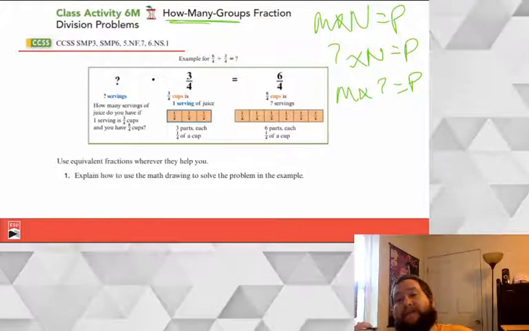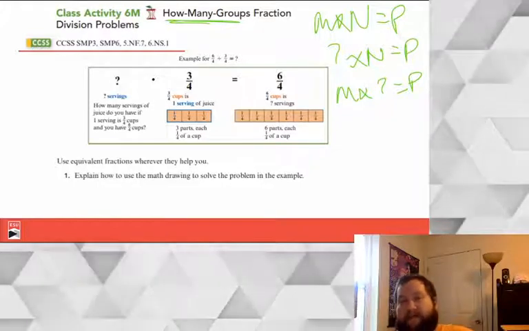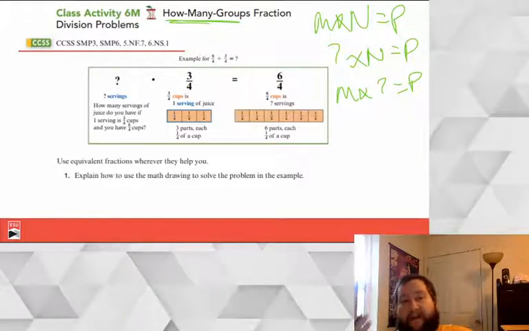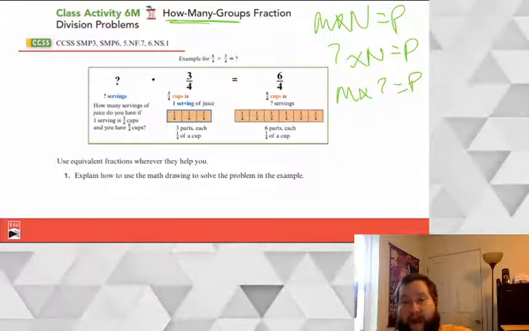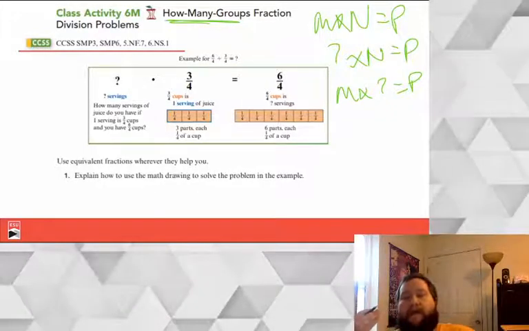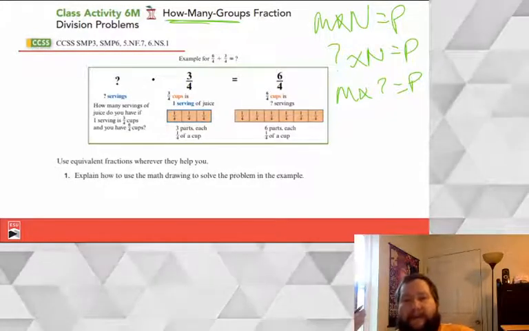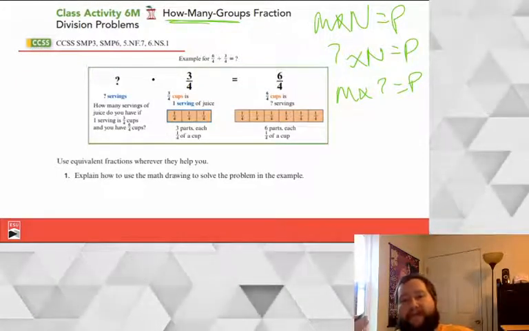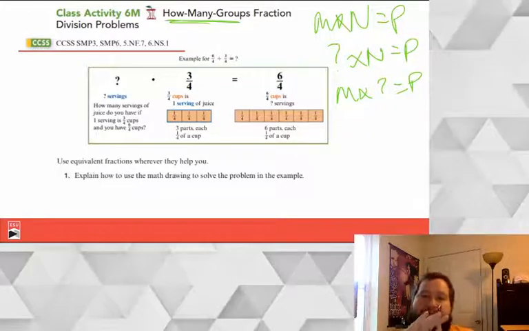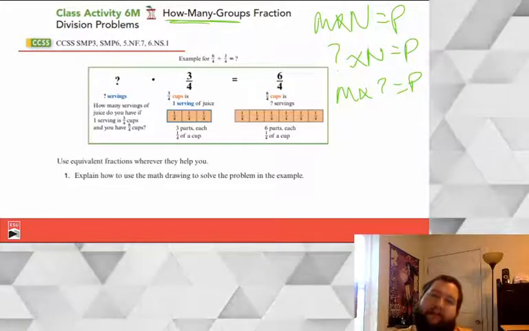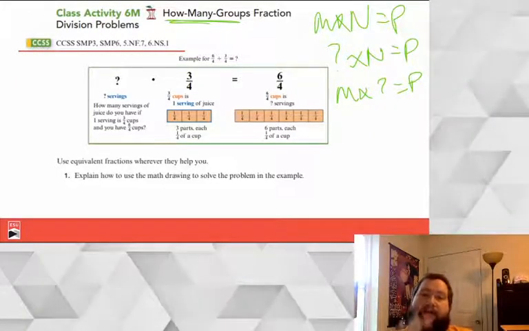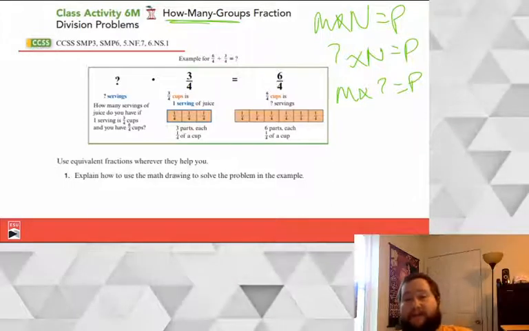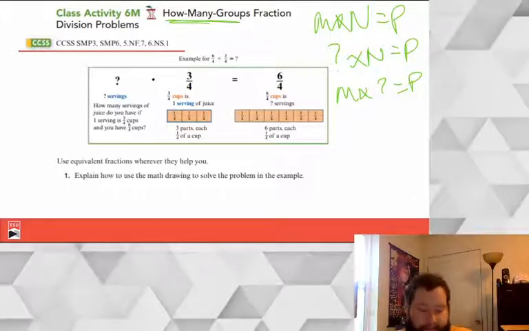What I really believe, and this is supported by research, is when students have a solid understanding of the concept of fraction, there will be fewer errors in the operations on fractions. And so much of this work goes back to, what is the meaning of fraction? And we keep reinforcing it because this is how we support our students to be successful.